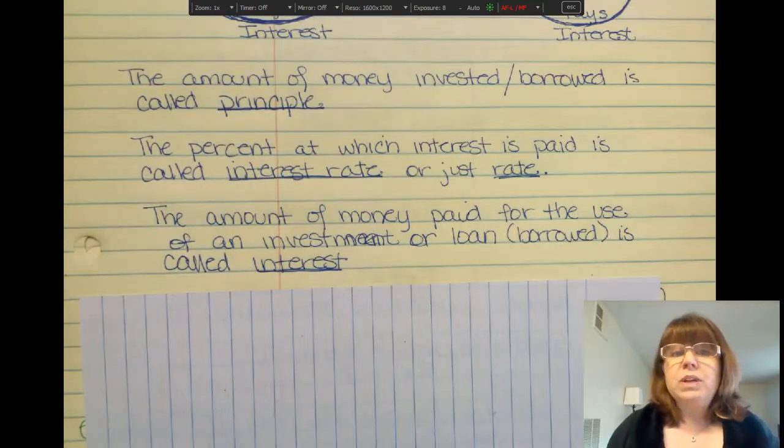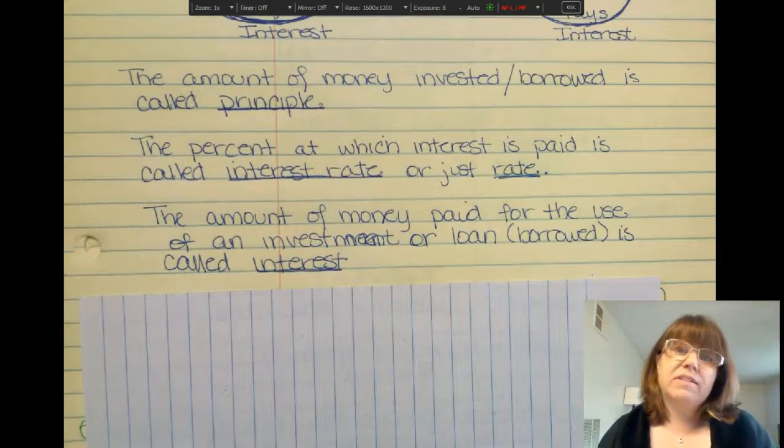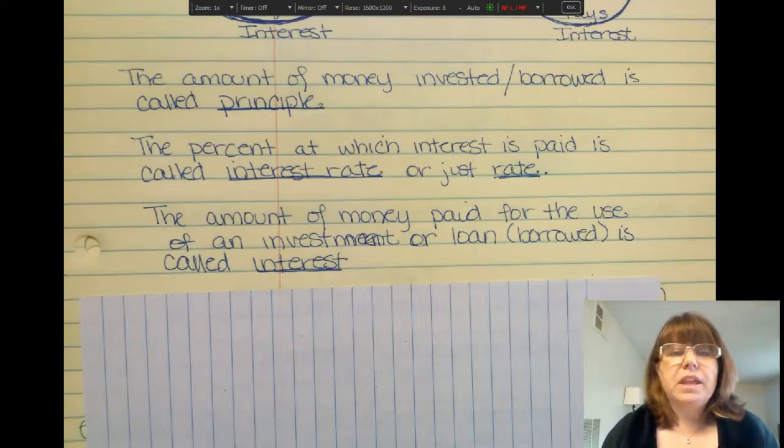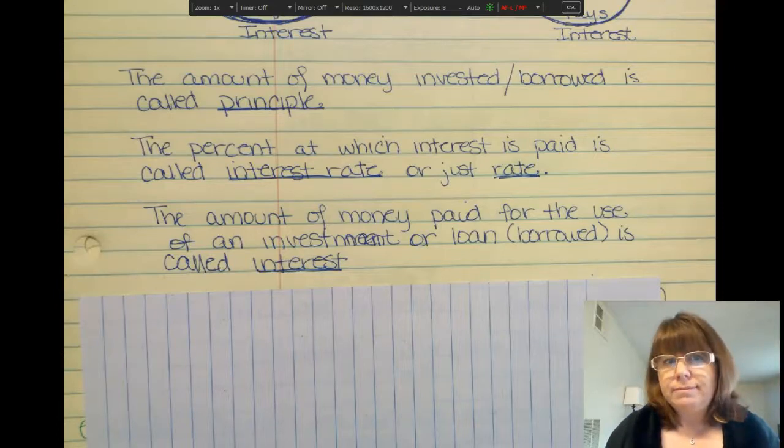Basically, there are three words we really need to know for this area. One is the amount of money that we invest or that we borrow is called the principal. The percent at which the interest is paid is called the interest rate or just rate. And then the amount of money that's paid for the use of that money is called interest.